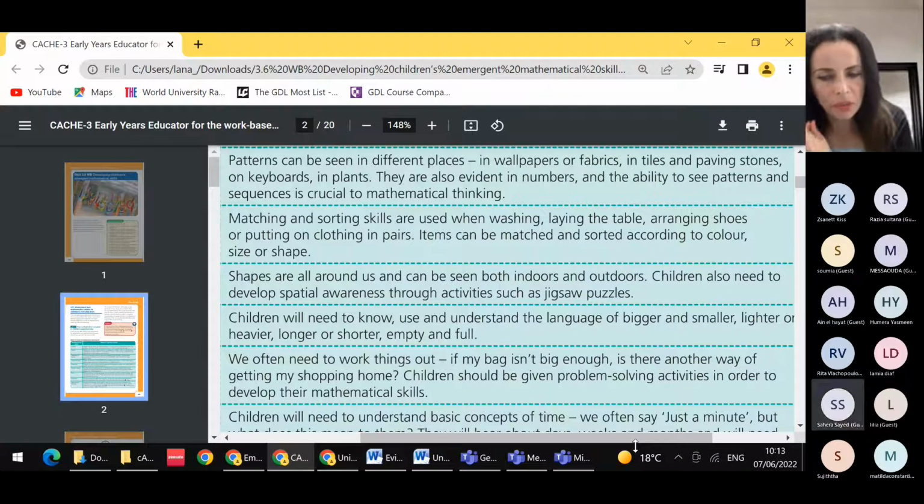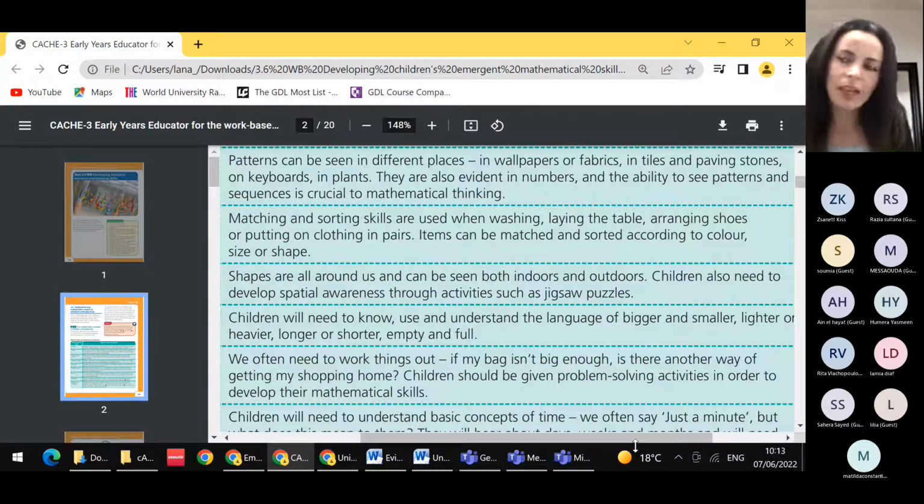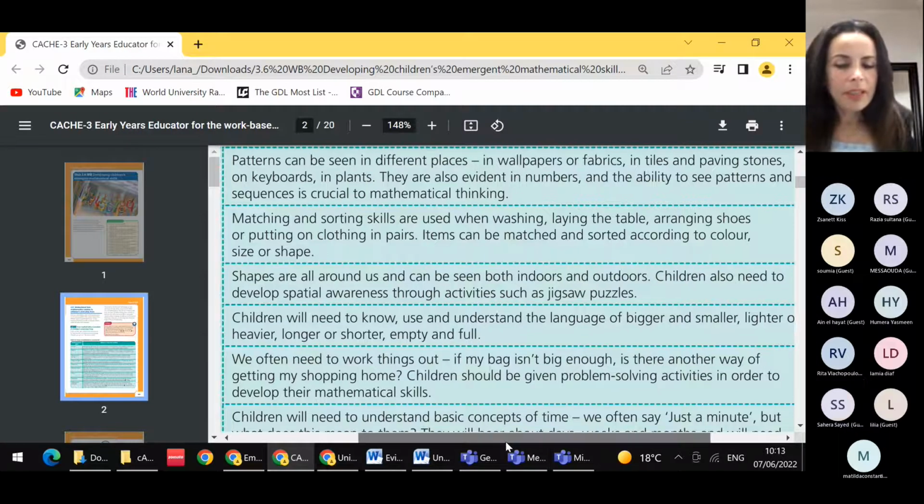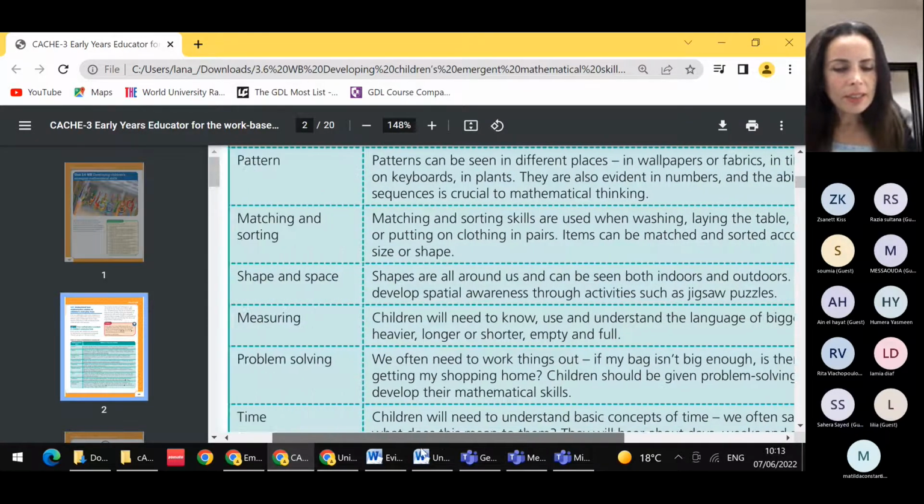So this is happening everywhere, not only in maths. When you go to the shops, they organize, for example, t-shirts together from different sizes, all the colors together, so they have matching there as well, and they sort them out.